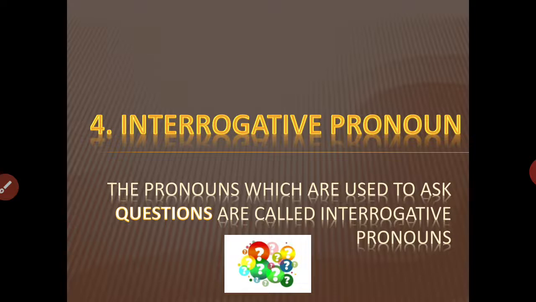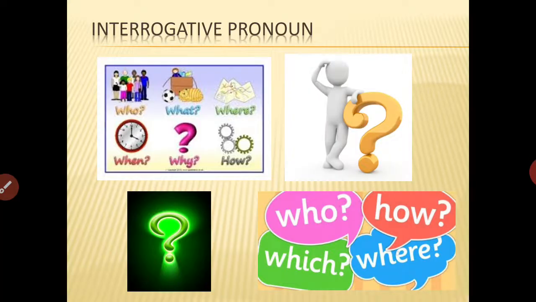So the pronouns which are used to ask questions are called interrogative pronouns. Example: interrogative pronouns are who, whose, which, whom, what. Now, looking at the above words, you will be a bit confused about how to identify the same words, whether relative pronoun or interrogative pronoun.